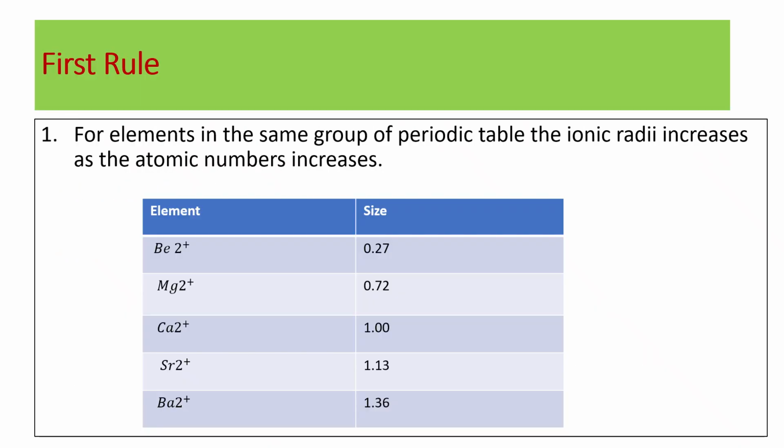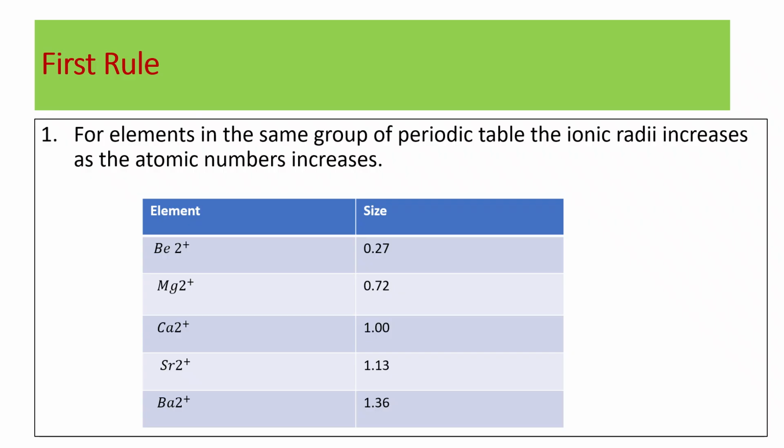Coming to the first rule of the crystal structure, for elements in the same group of the periodic table, the ionic radii increase as the atomic number increases. Suppose if we take group 2, the alkaline earth metals: beryllium, atomic number 4, has the ionic radius 0.27. Magnesium, atomic number 12, has the ionic radius 0.72.